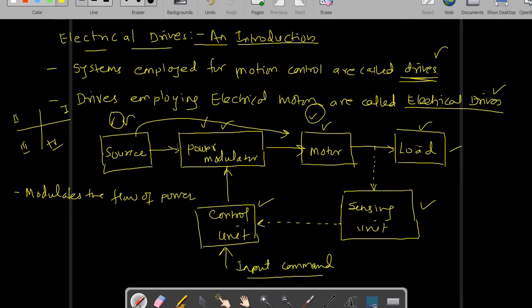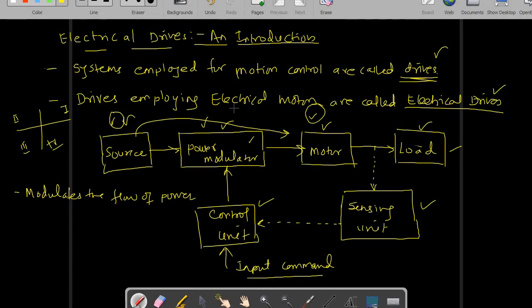Third, it converts electrical energy into the form suitable for the motor. This AC is converted into DC if the motor is DC. And the last function is that it selects the mode of operation of the drive, whether it should operate in the first quadrant, second quadrant, fourth quadrant or third quadrant. So these are the functions of the power modulator. I hope this is clear to you.